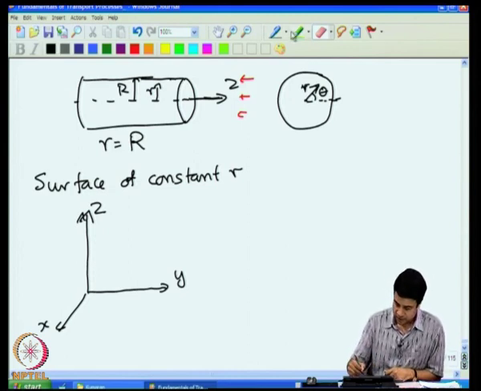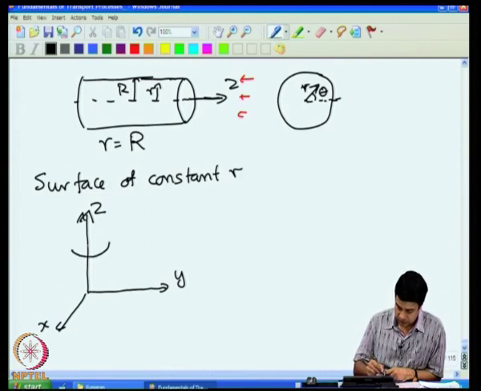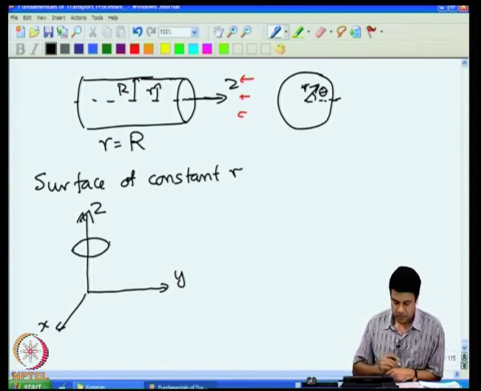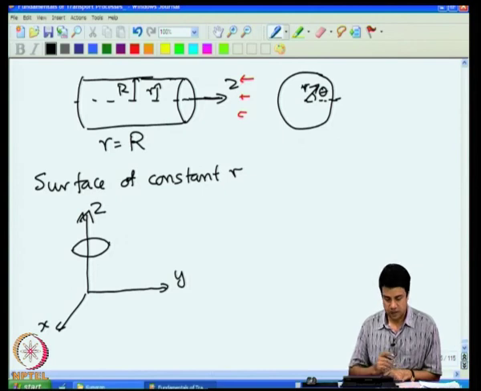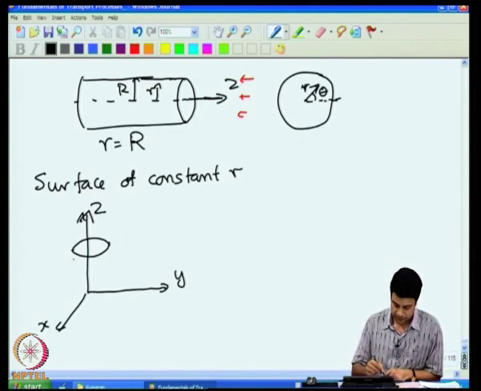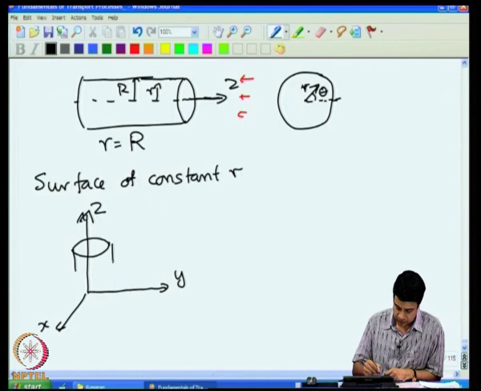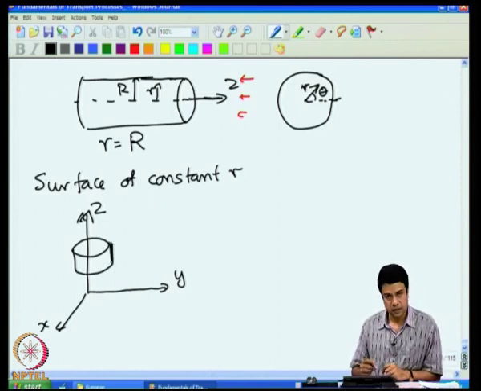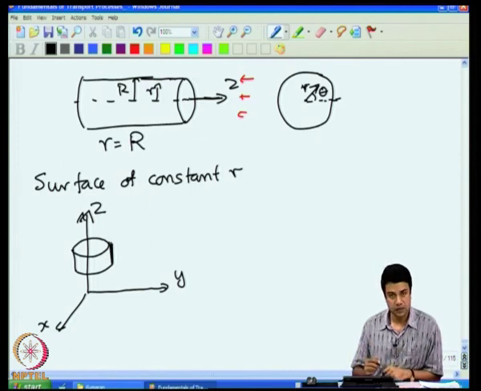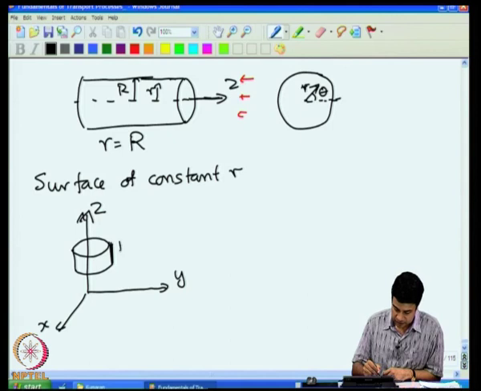A surface at constant value of r is a cylinder around the axis, and of course, the volume has to be bound by two surfaces in each coordinate. So, I need to define a second surface.